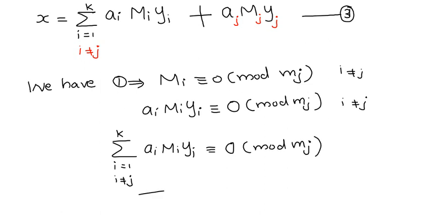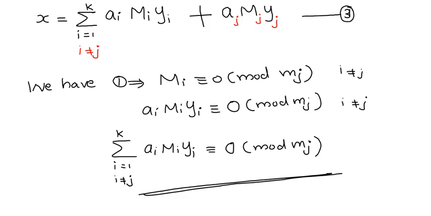So from this equation 3, the first term is 0, taking mod mj. Now Mj yj, what is the second term? How to convert this second term?